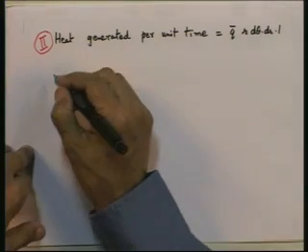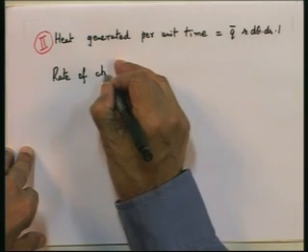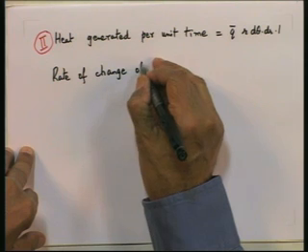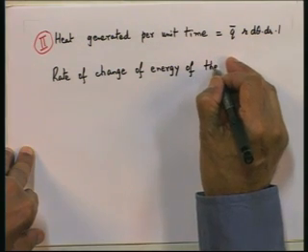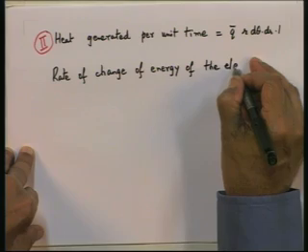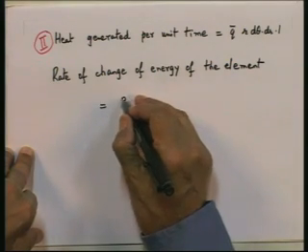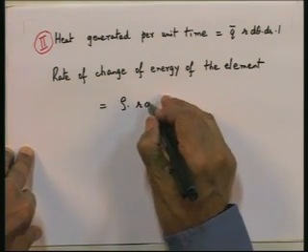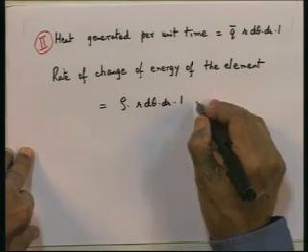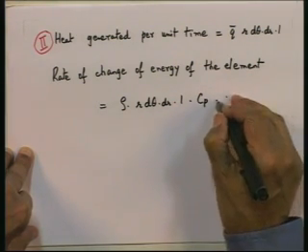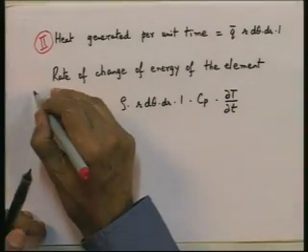And finally the rate of change of energy of the element will be equal to the mass of the element, rho multiplied by r d theta dr into 1, that is the volume, into specific heat into the rate of change of temperature with respect to time, and this will be the term 3.